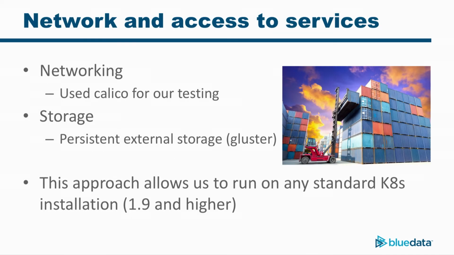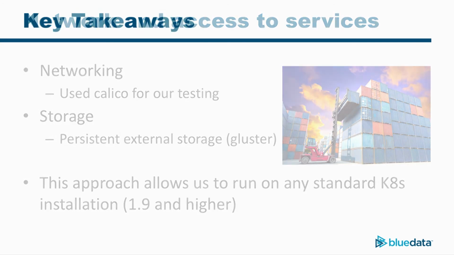With the lessons learned, we had gotten the networking part figured out. Our custom controller that we built, revision 1, the networking was fine. The option we used was Calico. We can plug into whichever the deployment is given. Same with the storage. And this approach will work on any standard Kubernetes installation 1.9 or higher because of the dependencies with stateful sets and all that.